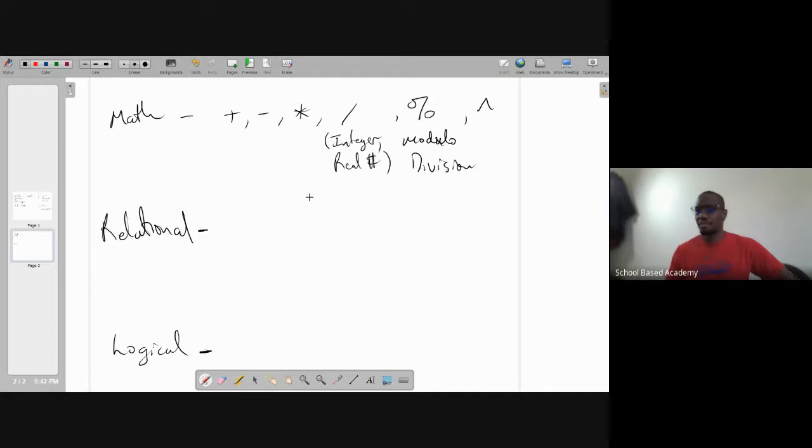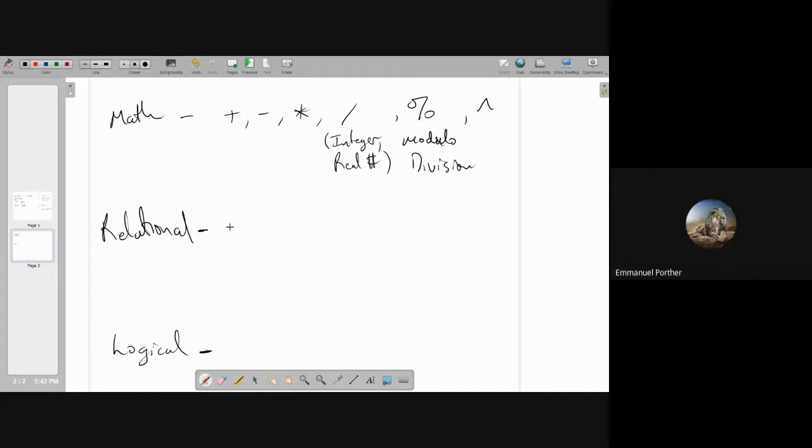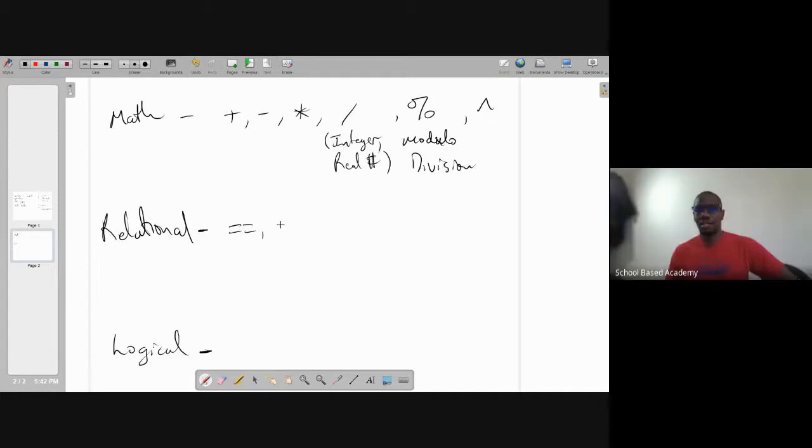Equal to, greater than, less than, greater than or equal to, less than or equal to, and then we have not equal to or unequal to.